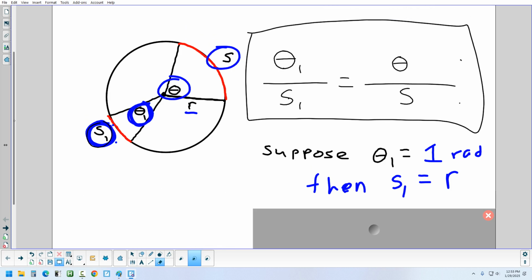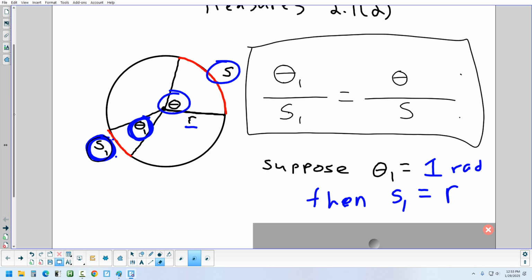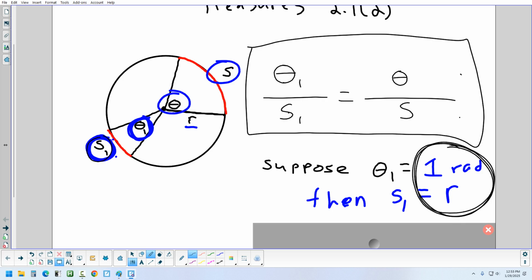Now, take our proportion and fill in this fact right here. Let theta 1 equal 1, so we're going to change that to a 1. And let S1 equal R. This fact right here is like my 1 foot equals 12 inches.